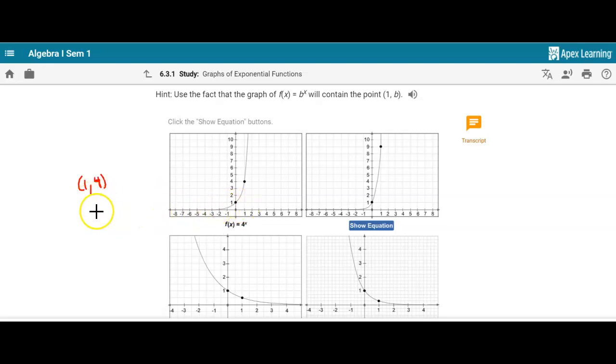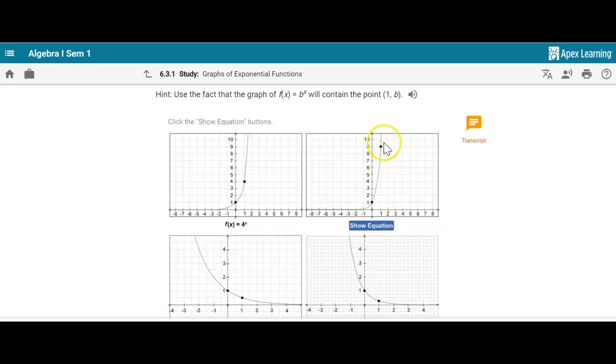And my horizontal asymptote here, that tells me b to the first power is 4, and that tells me my base is 4, which is why you get this function 4 to the x, right? So the ordered pair, like the value of y when x is 1, will always give you the b value.